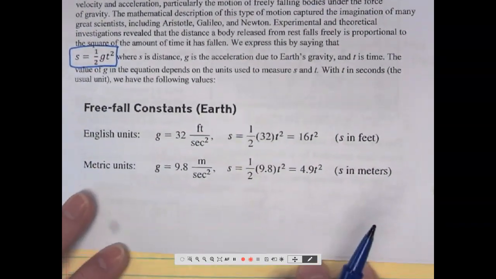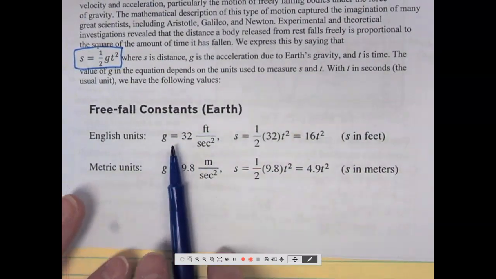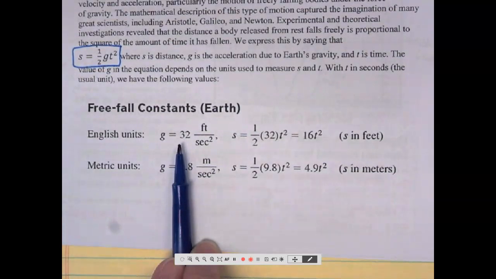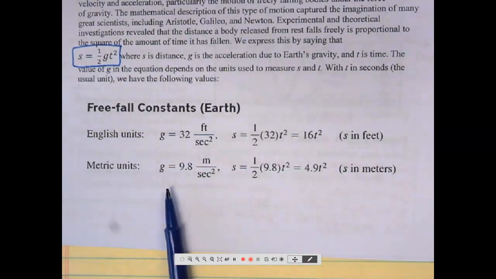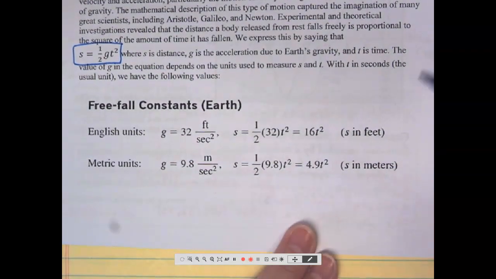You may have seen these different numbers in your science classes. If we're dealing with feet per second squared, then gravity is pulling at 32 feet per second squared. But if we're using meters, then we use 9.8. So it just depends on the problem, the situation that we're in. We will use both of these from time to time.